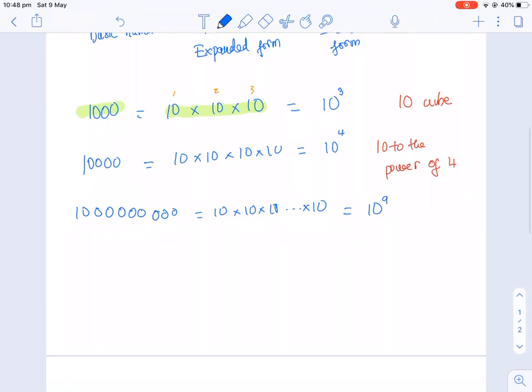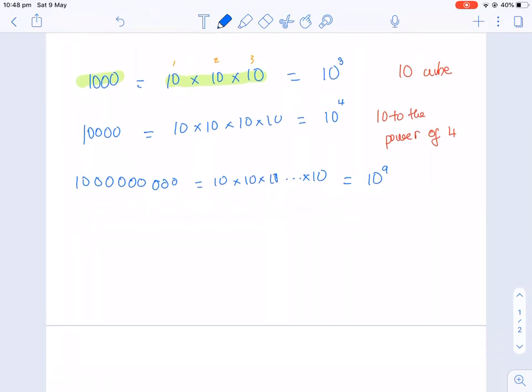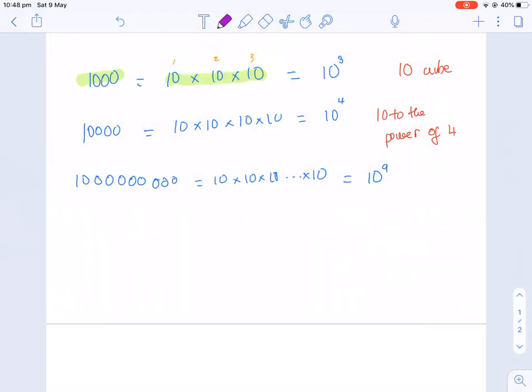All right. So can we do some more examples? If I'm asking you, write 2 to the power 5 in factor form or expanded form. So now this one you have is the index form, and you have to write in factor form. So it means write in this form.